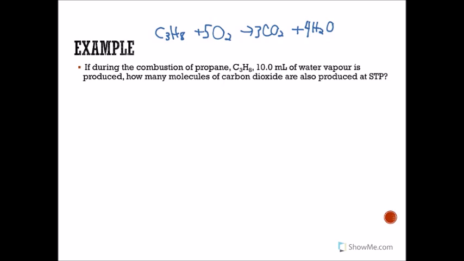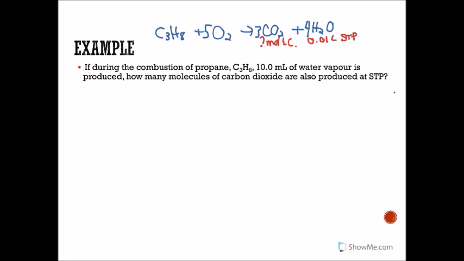So now that we've balanced our chemical reaction, we need to write our knowns and unknowns. We have 10 milliliters of water vapor, which we need to make sure we write as liters at STP. And we're looking for how many molecules of carbon dioxide, not propane, molecules of carbon dioxide.